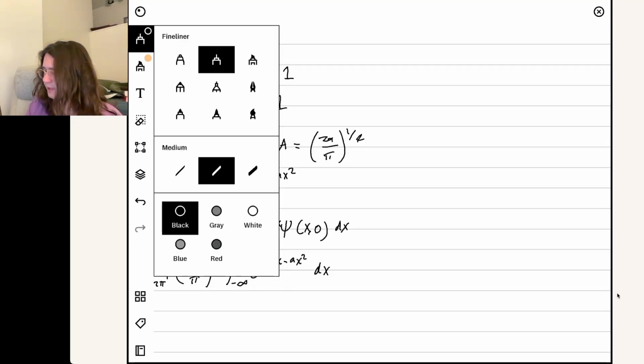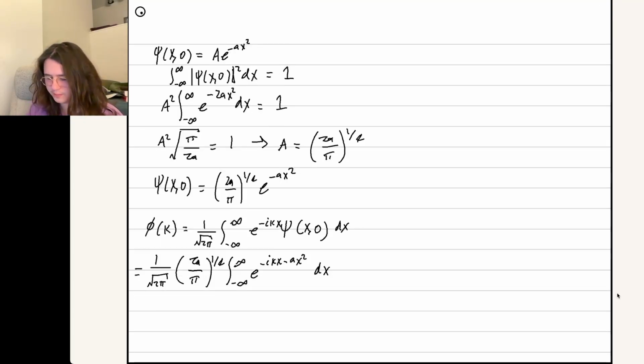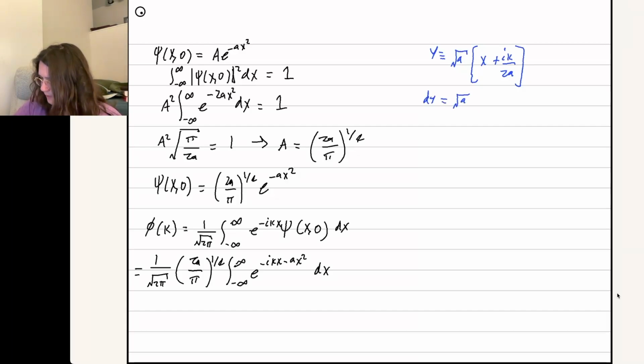And then Griffiths kind of suggests that we do a change of variables in order to do this integral by defining the variable y as being square root of a times x plus ik over 2a. And from that, dy is going to be just root a dx. So dx is dy over root a.